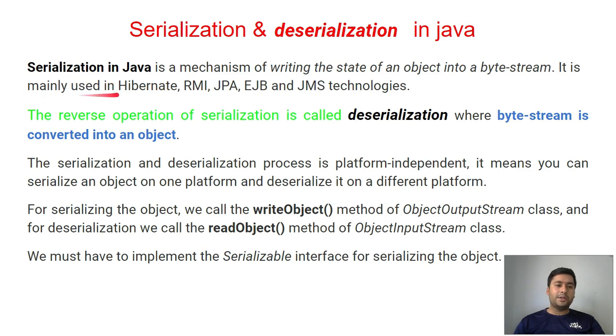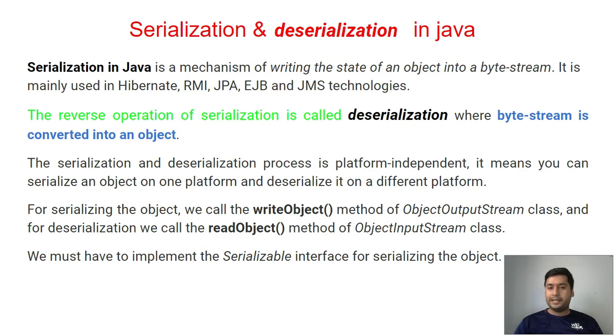It is mainly used in Hibernate, RMI, JPA, EJB and JMS technologies, which we basically use to store our data into the database. It's a very important technology, and internally it uses serialization only.